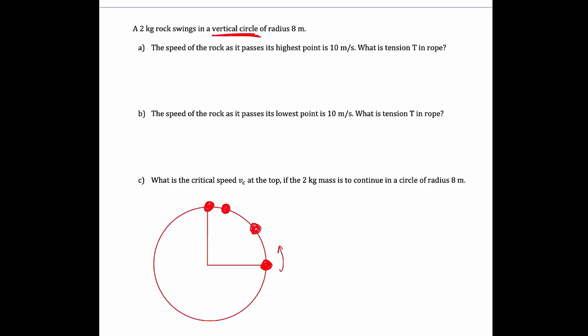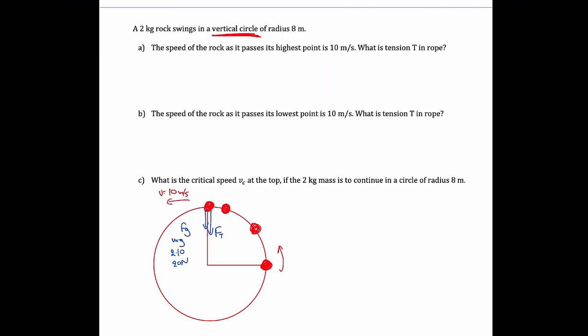And we know that the speed at the top is 10 meters per second. Now, the force that is applied at the top is the force of gravity. We can calculate it, which is mass times g, which is 2 times 10, so 20 Newton. And since there is a rope, there will be a force of tension on the rope that is unknown.